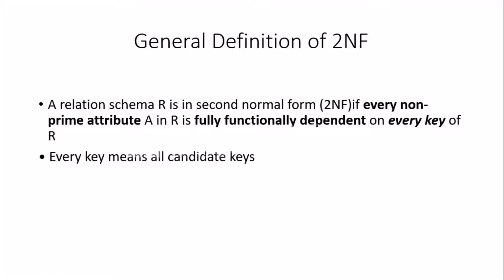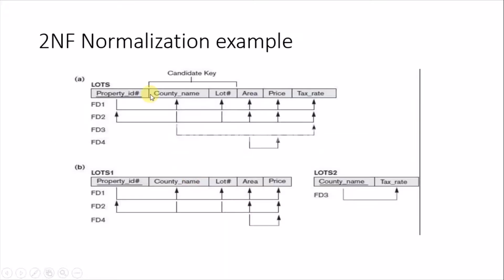Let's have a 2NF normalization example. Consider a relation LOTS with attributes like property ID number, which is the primary key here, and county name and lot number, which together constitute a candidate key, and we have area, price and tax rate.